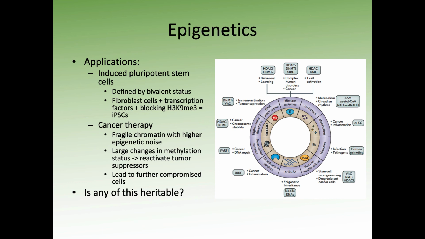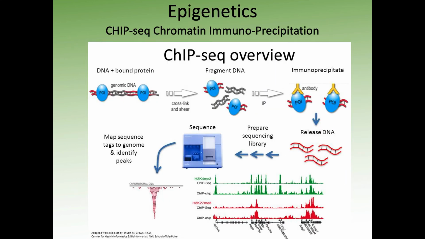So there are some specific ways that we can use things that happen in the epigenetic space to manipulate systemic outcomes and change the biology of systems.